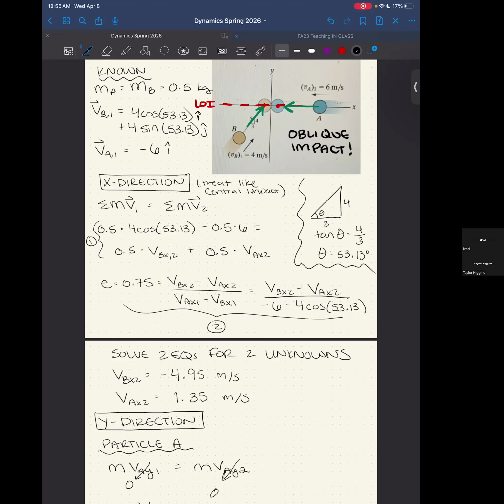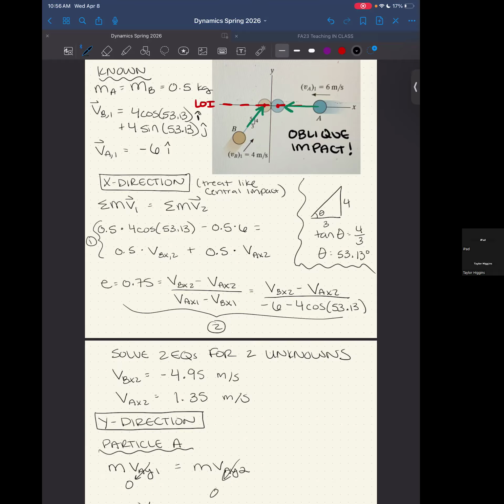Okay, so this sum of MV1s means I have an MV1 for particle A and an MV1 for particle B. And the sum of MV2s means I have an MV2 for particle A and an MV2 for particle B. And treating it as a system means the impulse in the middle is also a system. So we'll have an impulse applied to particle A due to the collision, and an impulse applied to particle B due to the collision.